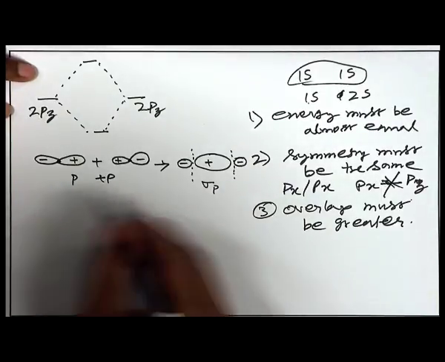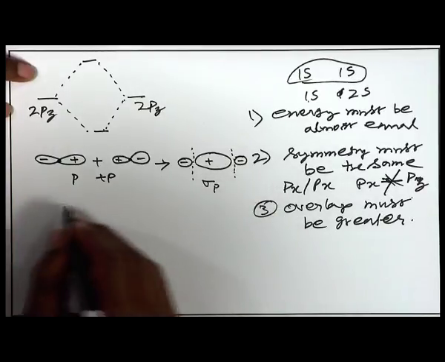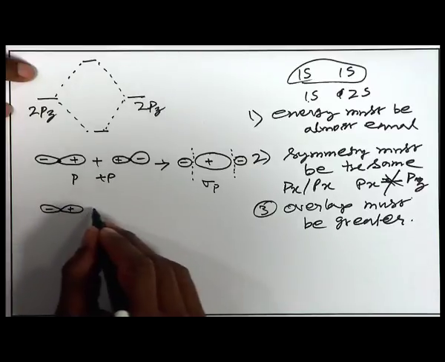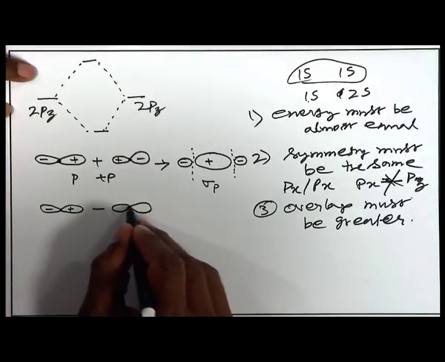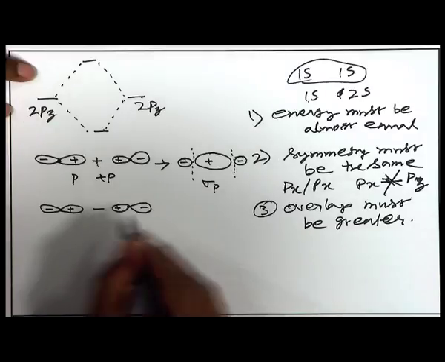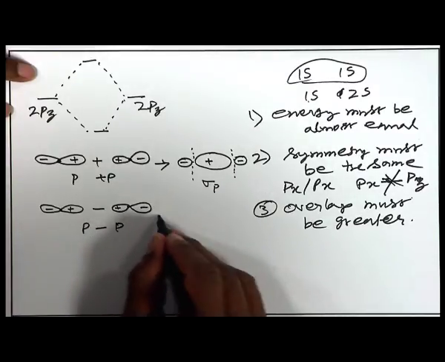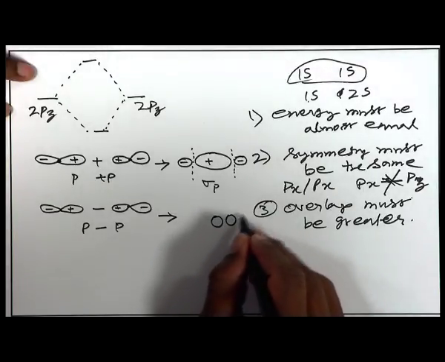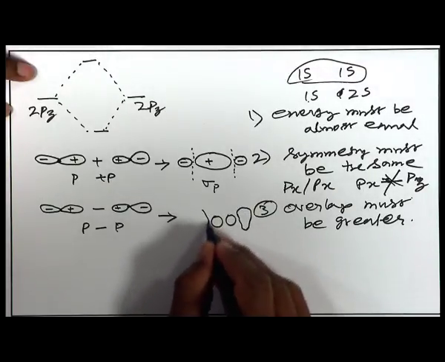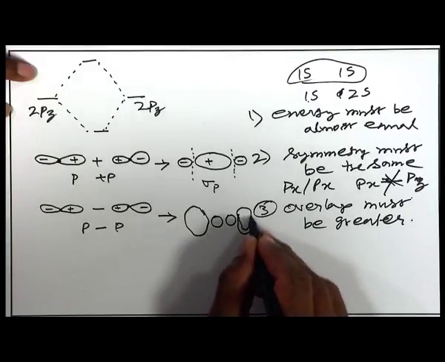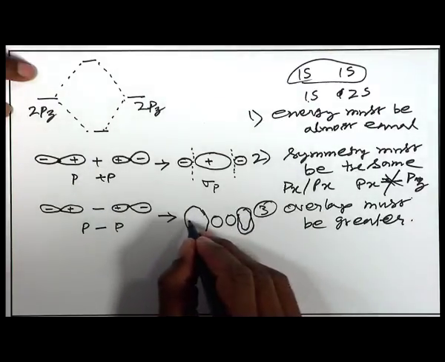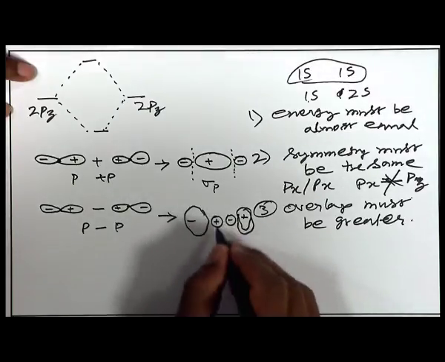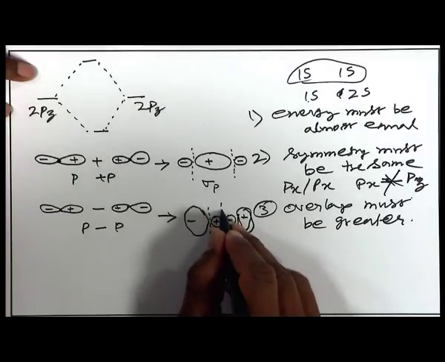The corresponding antibonding orbital is represented this way: p minus p gives minus, plus, minus, plus, and these are the nodes.